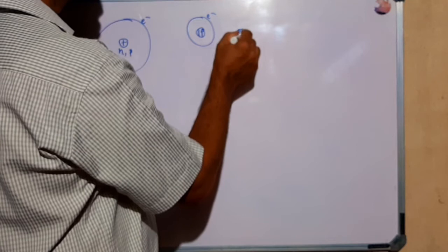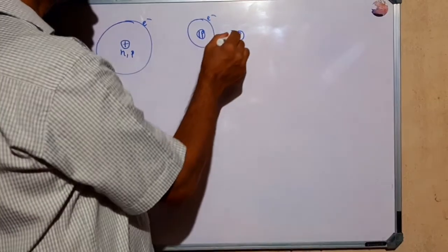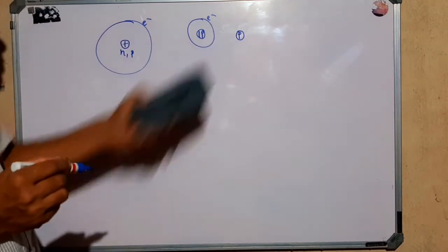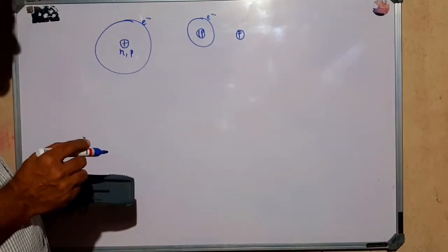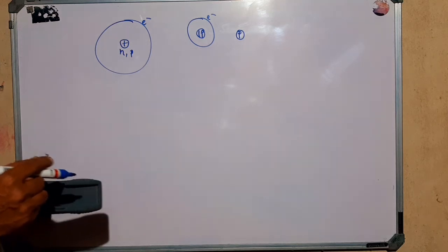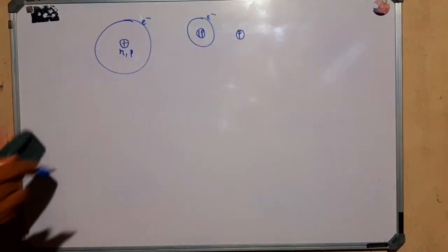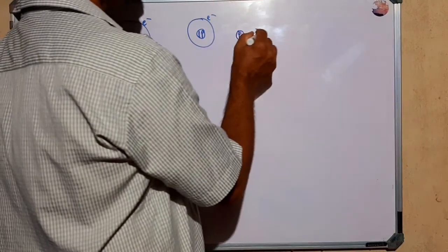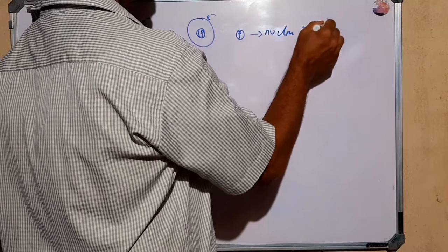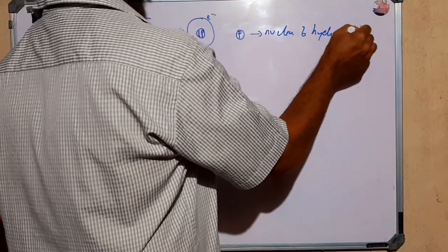A proton. What is this? It is a nucleus. Therefore, you can say that a proton is nothing but the nucleus of a hydrogen atom. Right.